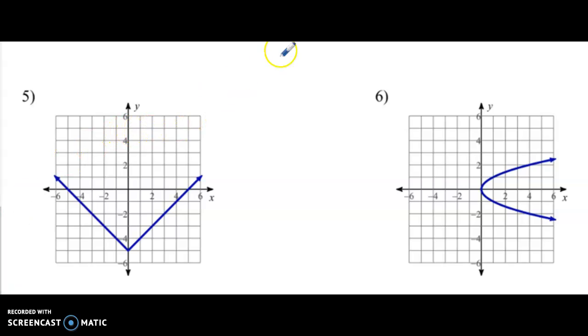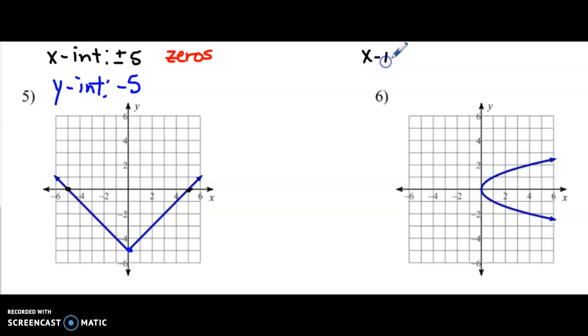For number 5, x-intercept crosses at -5 and +5. So you have two x-intercepts, and these are also called the zeros of the function. The y-intercepts, it only has one y-intercept, and that's down here at -5.